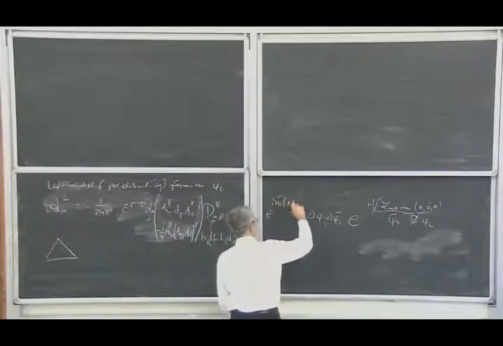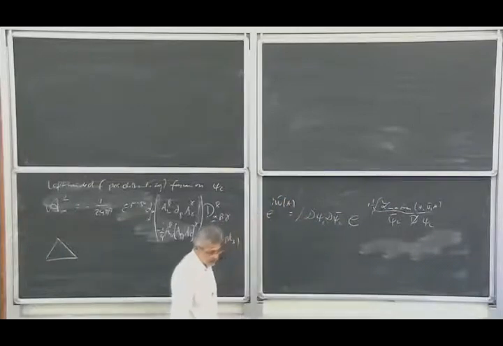But of course, after having done this, this is my e to the i W tilde of A. This goes into my full action, because at the next step, I want to integrate over my gauge fields.